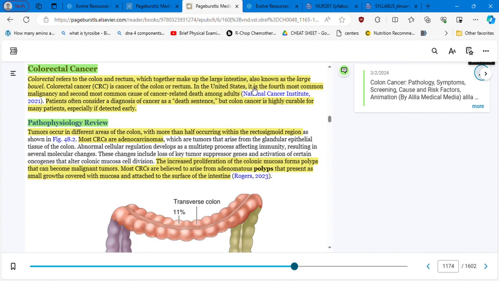In the United States, it is the fourth most common malignancy, and the second most common cause of cancer-related death among adults. Patients often consider the diagnosis of cancer as a death sentence, but colon cancer is highly curable for many patients, especially if detected early, as we mentioned before.